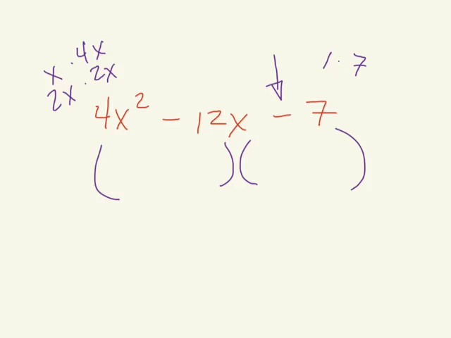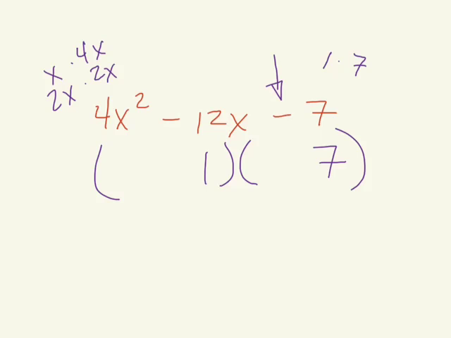These are prime. If this thing factors, 7 and 1 are the only things that are going to go in there. So signs are different. Remember, signs are different. So we're going to find 2 factors of 4x times 2 factors of 7. Okay, a combination of a pair of these with a pair of these that give you a difference of 12.